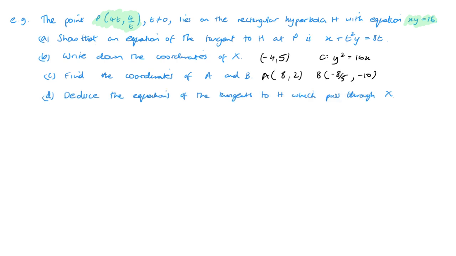Now, final part, deduce the equations of the tangents to H which pass through X. So all I need to do now is substitute A and B into this equation of the tangent. So it's not too difficult really.